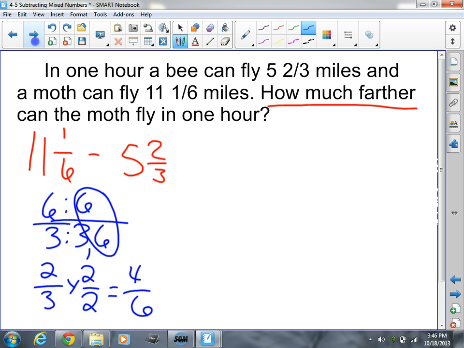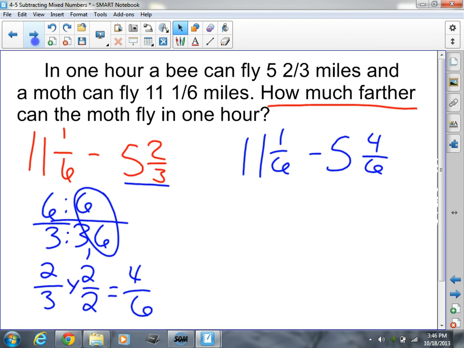So I'm going to rename this, and let's do it over here. So 11 1/6 minus 5 4/6. Okay, so I've renamed my fraction. So now I can subtract. But wait a second. I have 1/6 here, and I have 4/6 there.